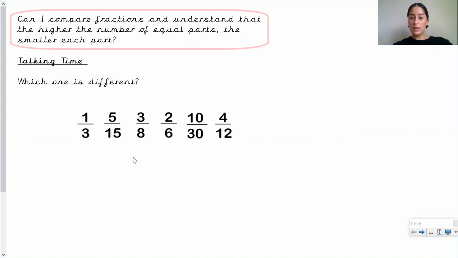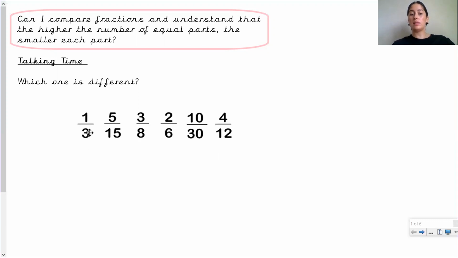Well, if you look really carefully, you will notice that if we look at all the denominators, all of them are in the same times table apart from one of them. Well, let me start with 3.